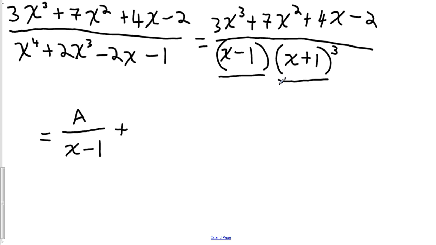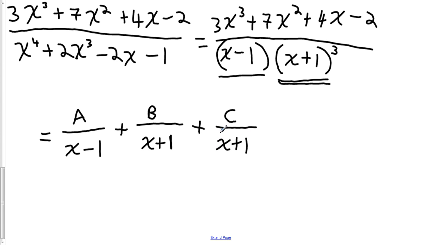Now we're going to start with the repeated factor. So you have b on top as a constant, and then in the denominator we're going to look at x plus 1 to the first power. Then we're going to have c, a second constant, over x plus 1 raised to the second power.